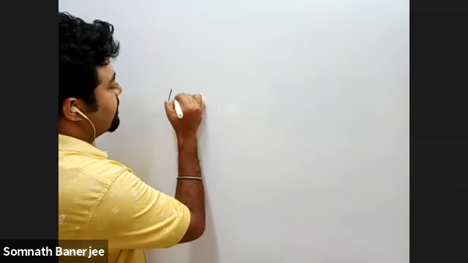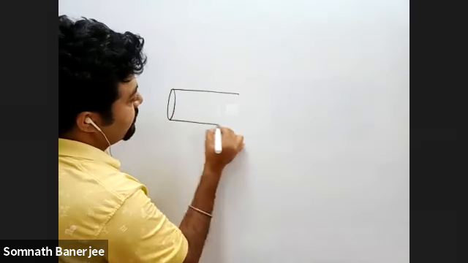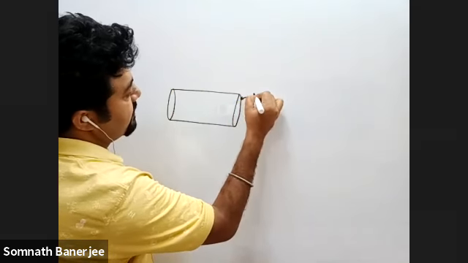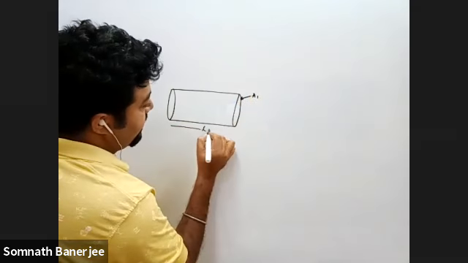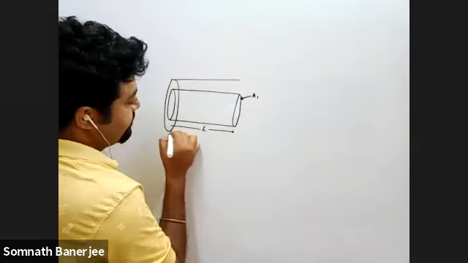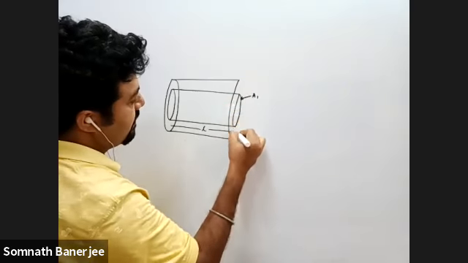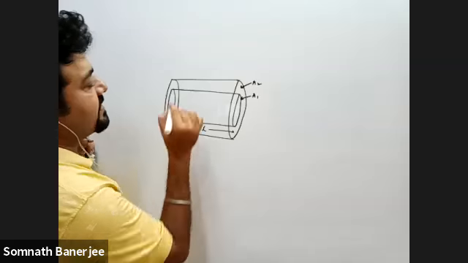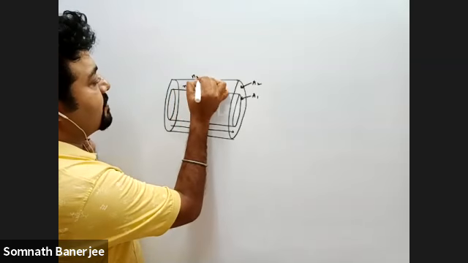Two coils are given to you. This is the first coil, with cross-sectional area A1, length L, and the second coil is given with cross-sectional area A2, length L, and number of turns N1, N2.